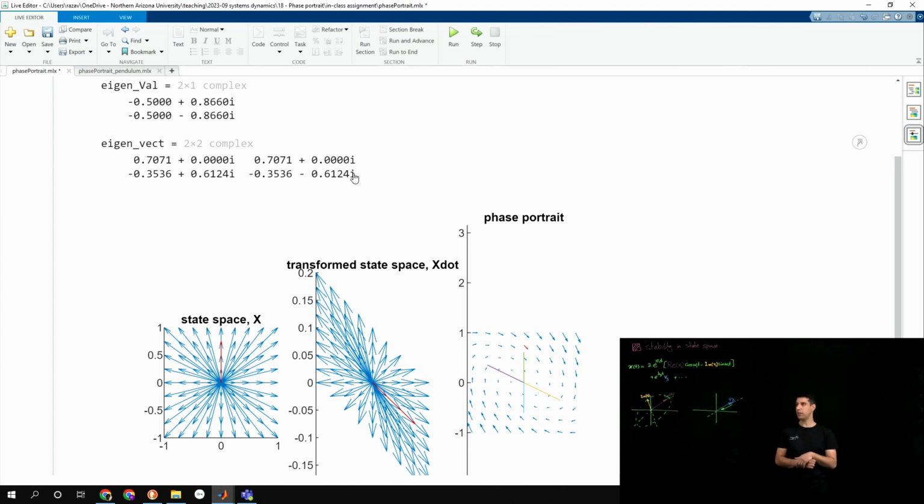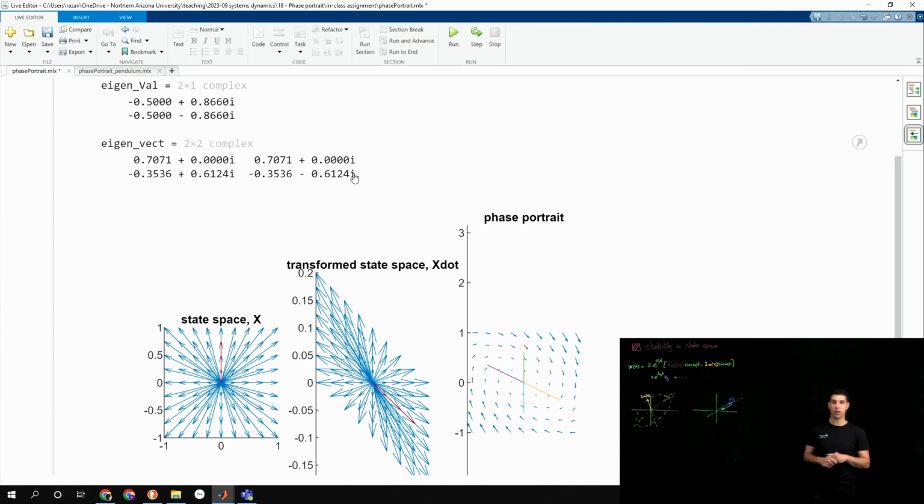So in this particular example, you can see on top that eigenvalues are complex conjugates, and the eigenvectors, the two columns, are the two different eigenvectors. They are also complex conjugate pairs.